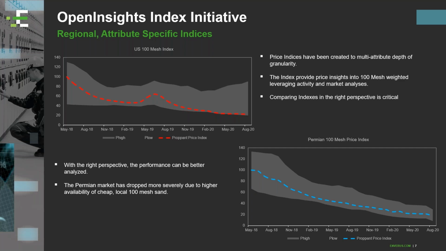And then the introduction of local in-basin sand contributed even more, specifically in the Permian where that in-basin sand market has grown 1,000% over the last 3 years.